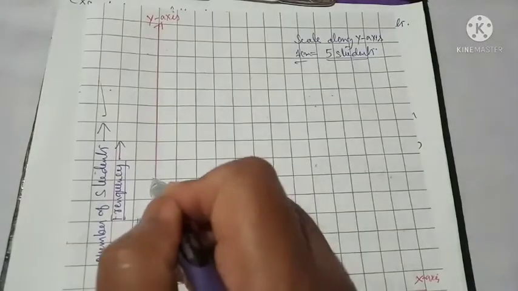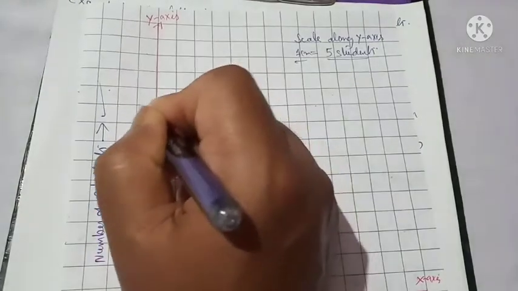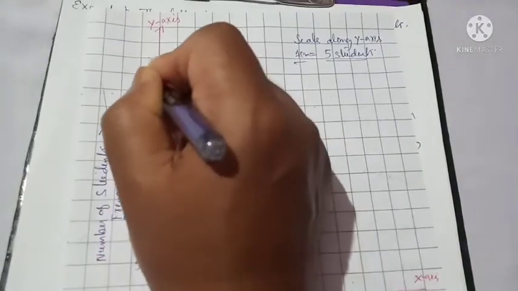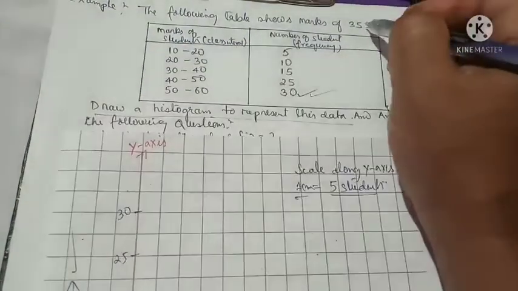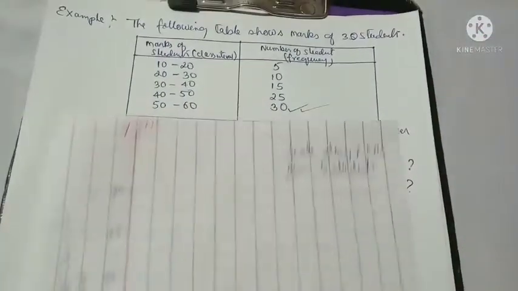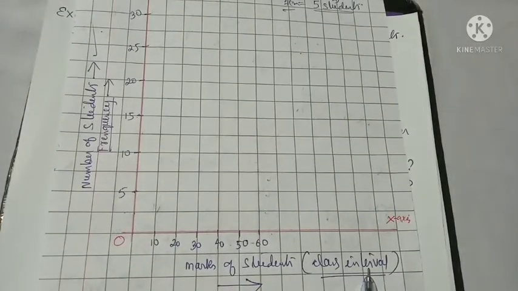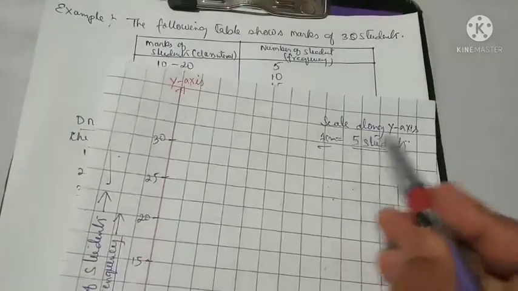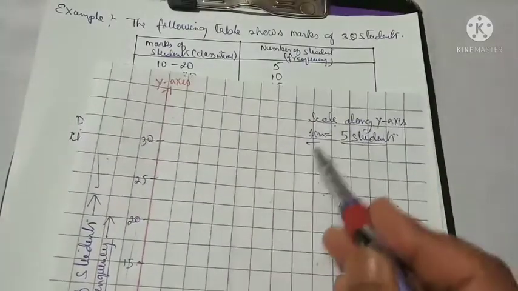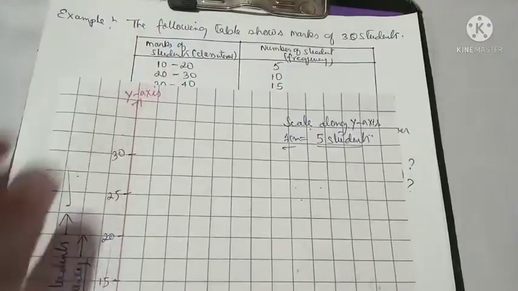Then 15, 20, 25, and the last one is 30, because up to 30 students are there. So the base is the marks of the student, the class interval, this is the number of students, the frequency, and the scale is 1 centimeter equal to 5 students.